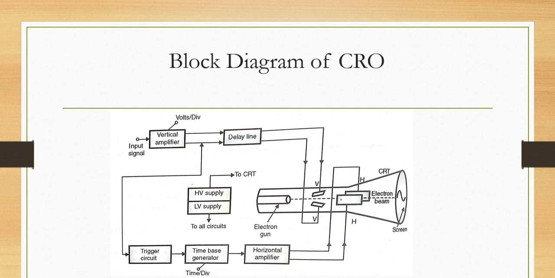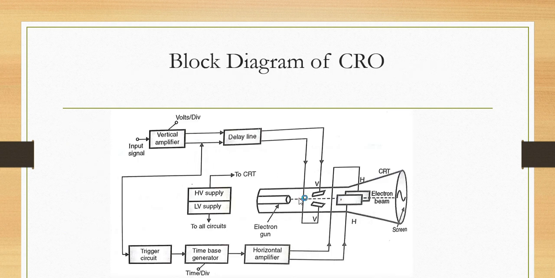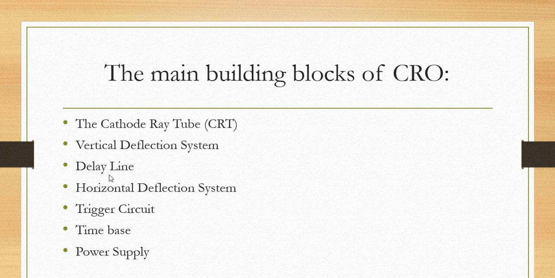So let us see the main building blocks of a CRO. If you see, the cathode ray tube is the main block, I think the most important block. If this CRT fails, then your CRO will not work. Then the vertical deflection system, as I discussed earlier. Then the delay line.